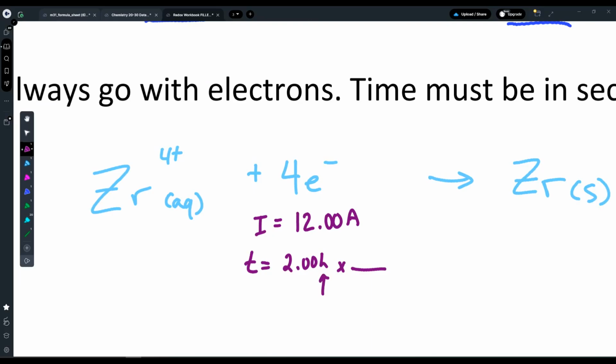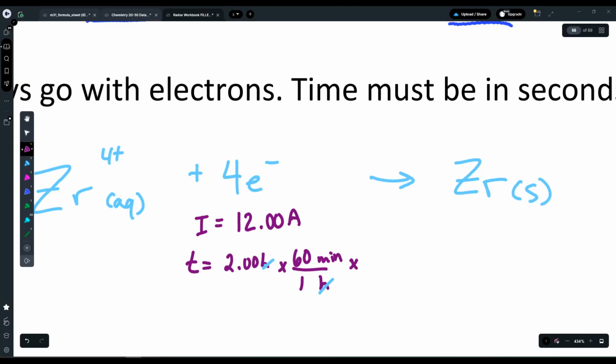With hours, we want to cancel that out and get to seconds, but not everybody knows how many seconds are in an hour. So I'm going to break it down from hours to minutes and then minutes into seconds. Hours to minutes, we start off with the bigger of the two units: in 1 hour there's 60 minutes. That eliminates the hour unit. Now we need to cancel out minutes to get to seconds. Since minutes is on top, I'll put minutes in the bottom and seconds on top. In 1 minute, there's 60 seconds.